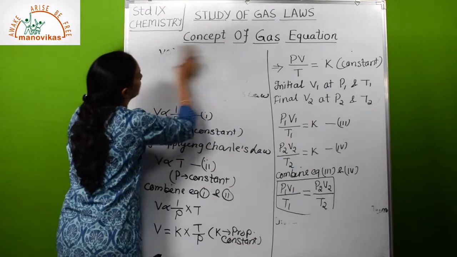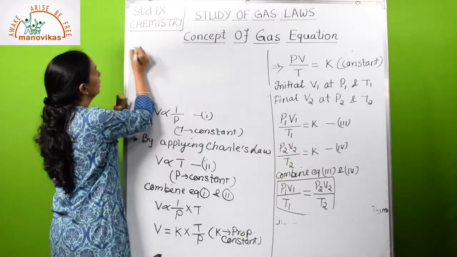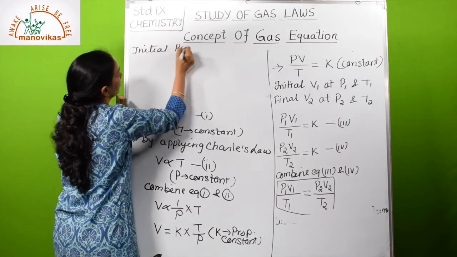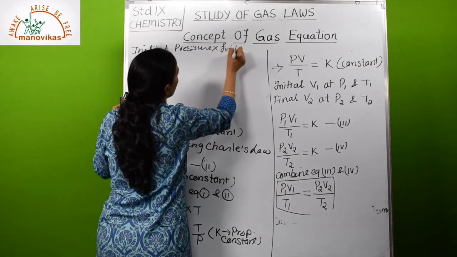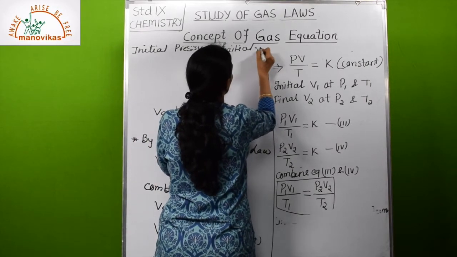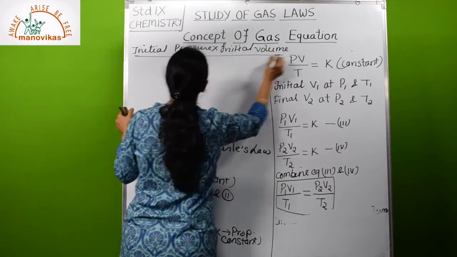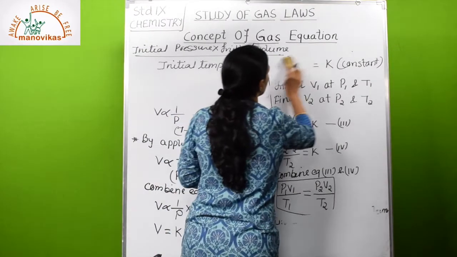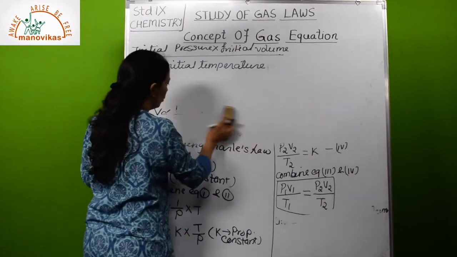So P1 V1 upon T1 is initial pressure into initial volume upon initial temperature, that is equal to P2 V2 upon T2.